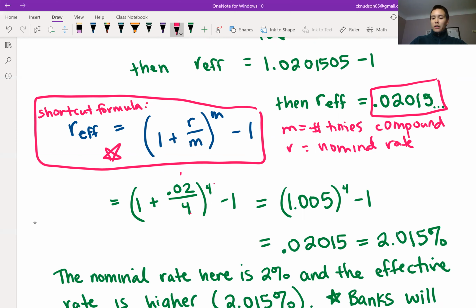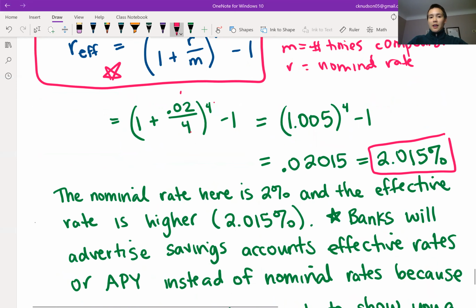And if we crunch that out in our calculator, we get 0.02015 with more decimal places, or in other words, 2.015%. So that 2.015% is the effective rate. Remember, 2% was the nominal rate, 2.015% is the effective rate. And as we can see, the nominal rate, 2%, is smaller than the effective rate, 2.015%.